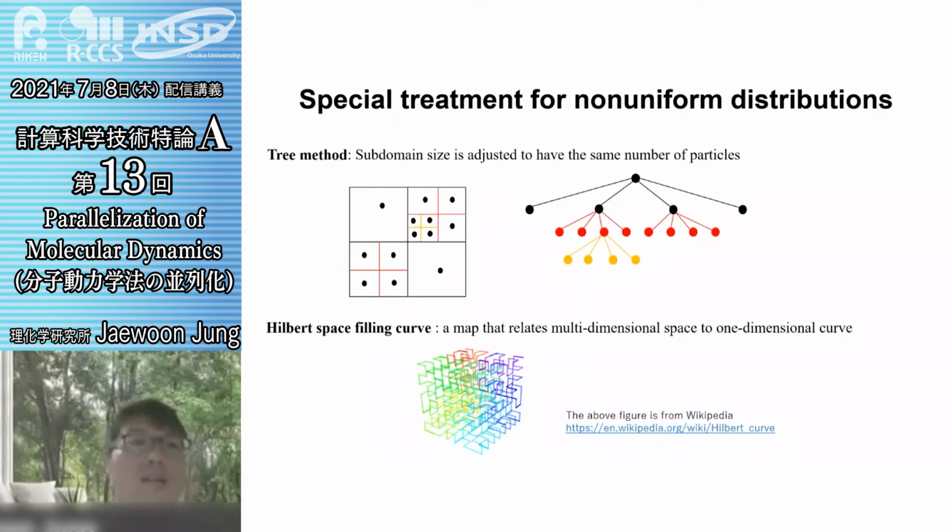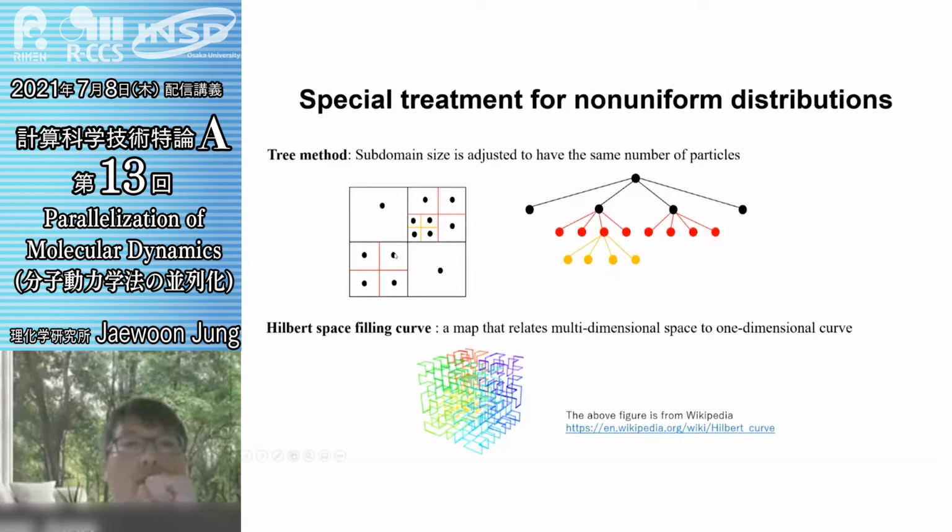Here I'll give two examples. One is the tree method, where the subdomain size is adjusted to have the same number of particles. So in some regions there are many particles, and in some regions there is a very small number of particles. In the region with a small number of particles, we assign a larger size.